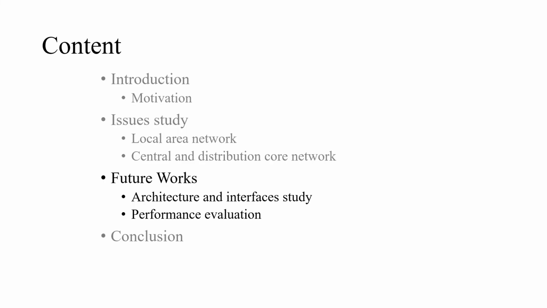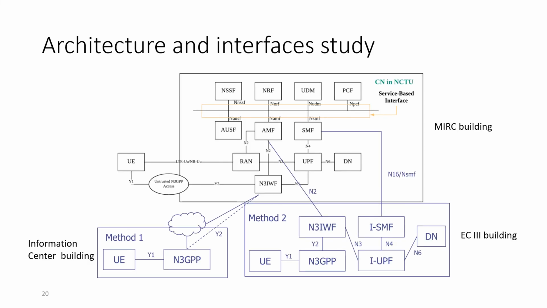Next, I will share what I will do in the future. In my lab, we have built an open source core network named Free5GC. This is a standalone 5G core network and is the first open source standalone 5G core network in the world. We will use it to deploy a private network in NCTU.